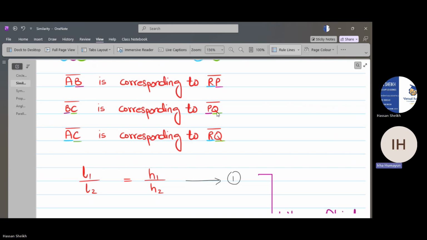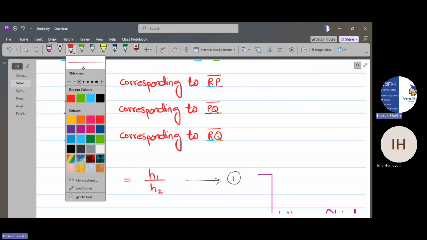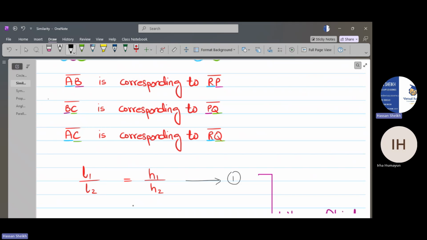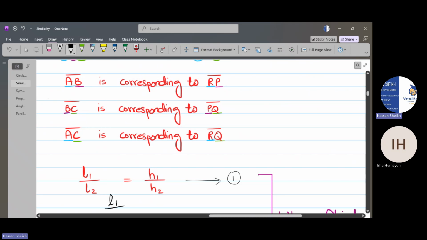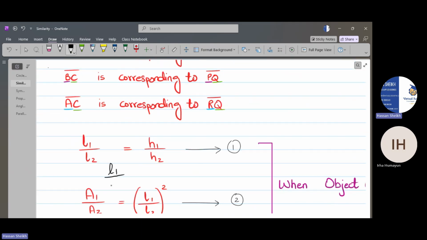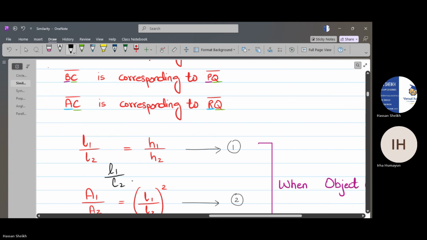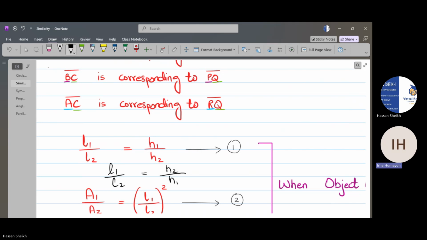Now, if by any mistake you use this formula like this, L1 over L2 equals H2 over H1, what do you think? Is this correct? No, sir. What's the mistake there? It should be H1 over H2.